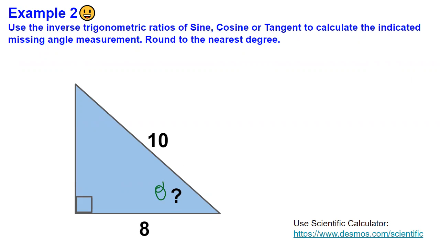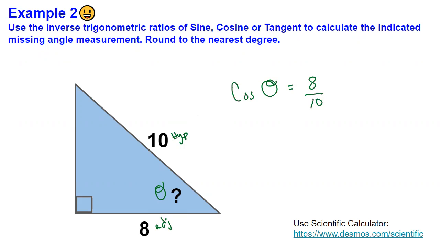All right. So by looking at this ratio, which one are we going to use? Cosine. So we have adjacent over hypotenuse. Therefore cosine of theta equals 8 over 10.